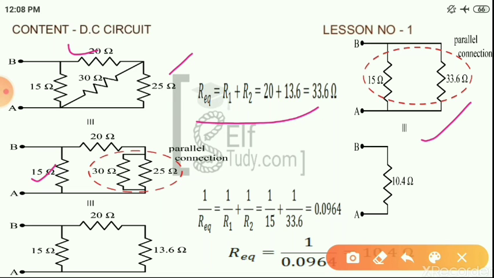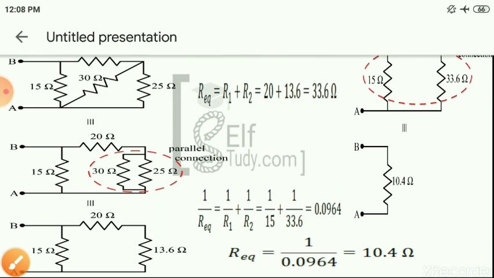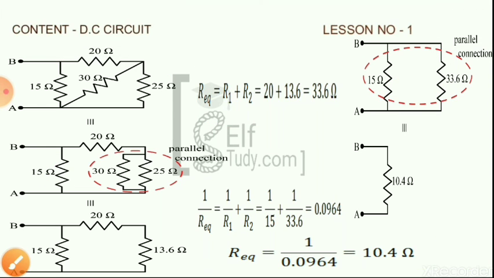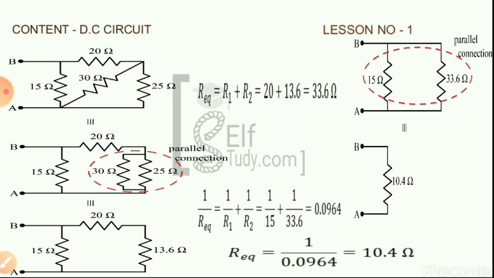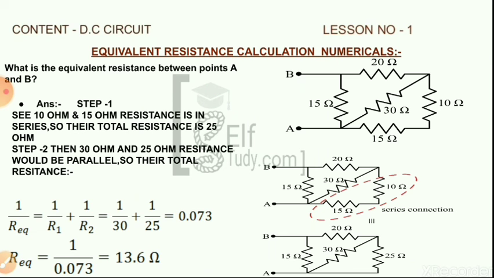Now the equivalent of the two parallel resistances, 15 ohm and 33.6, is 10.4 ohm. So we have to take 4 steps for solving this question.